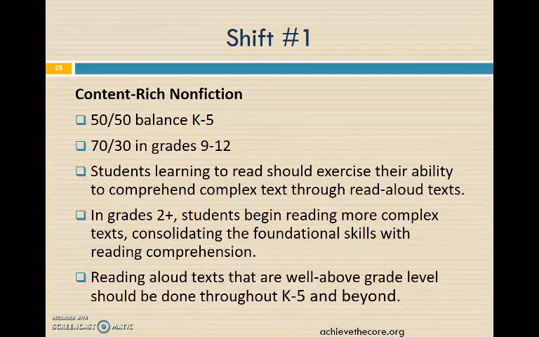So I could infer in the middle school grades that we've got a 60-40 balance. Okay, so they even say children learning to read should be given complex text at their grade level, at those grade level bands, even in read aloud, and they should be given nonfiction text.